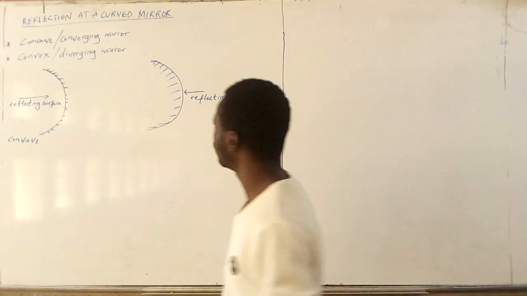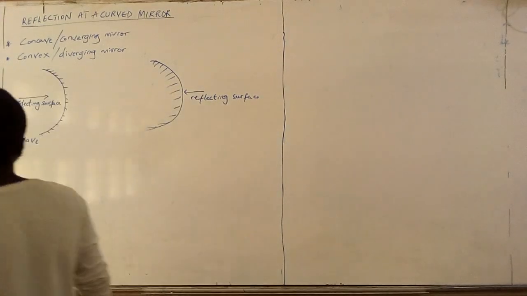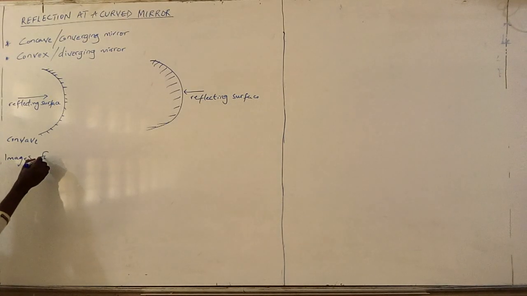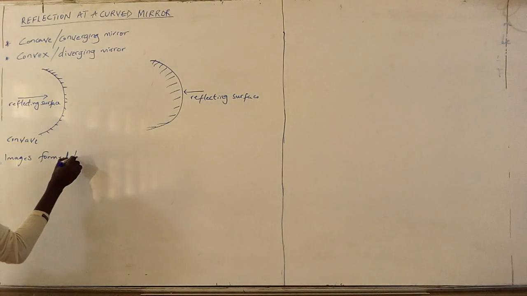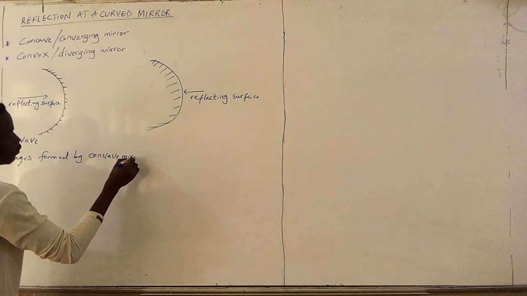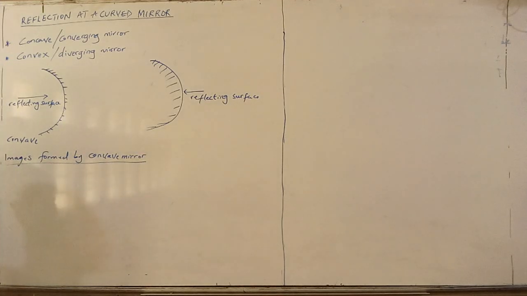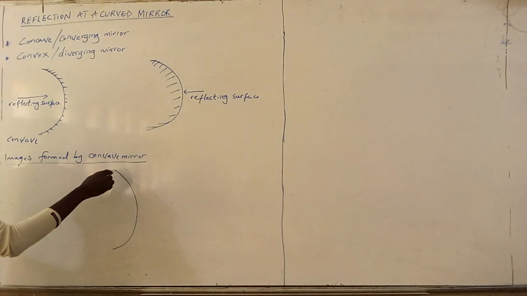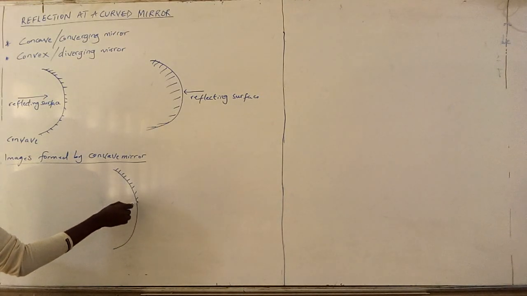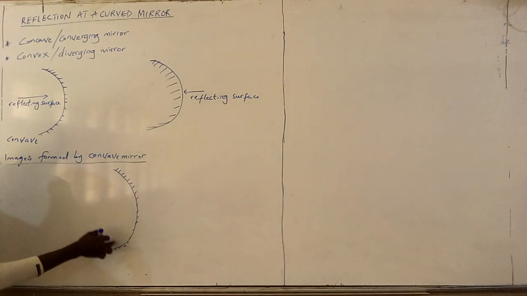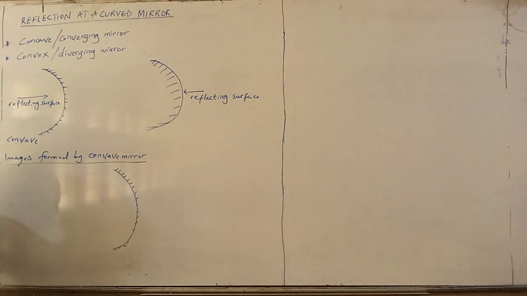So let's start with the converging mirror, concave mirror. Images formed by concave mirrors. Now, if we have a concave mirror, that means this side is the reflecting surface.